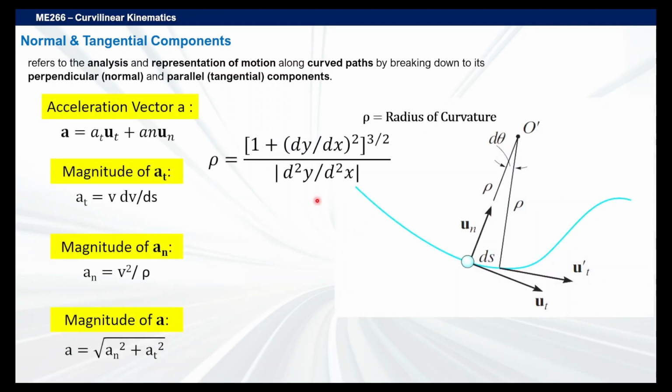All right, so in this particular case, this is pretty much straightforward, pero something lang na I need you guys to remember is that the normal, perpendicular acceleration, or your normal acceleration, is an, and its formula is v squared over its radius of curvature, represented by Greek symbol rho.